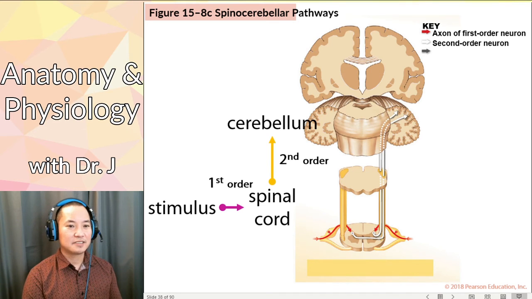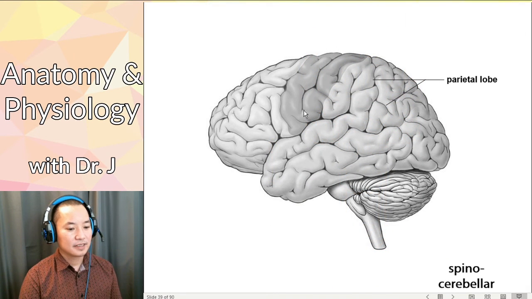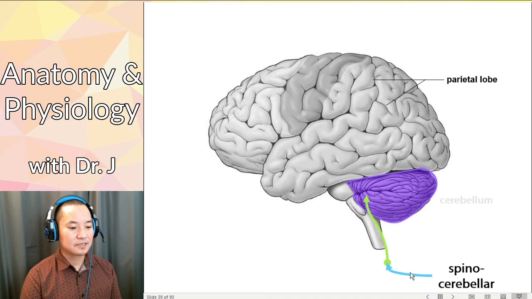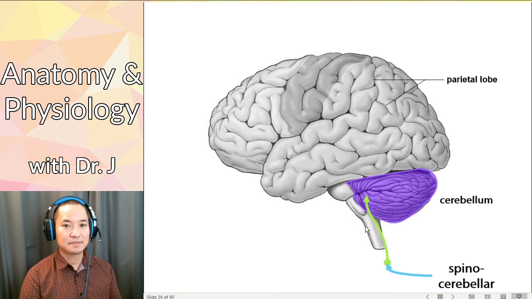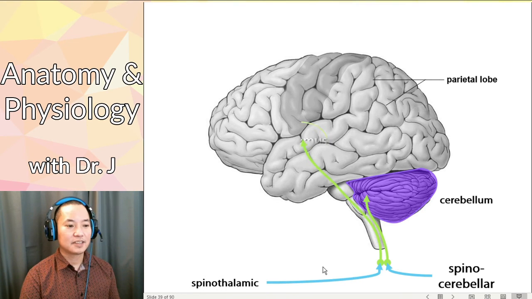How do they relate to the spinothalamic, the posterior column, and the spinocerebellar pathways? So again, spinocerebellar synapses at the spinal cord, then it goes up to the cerebellum. Pretty easy, right? And then spinothalamic, it goes to the spinal cord, and then it goes up into the thalamus. That's the second order neuron.